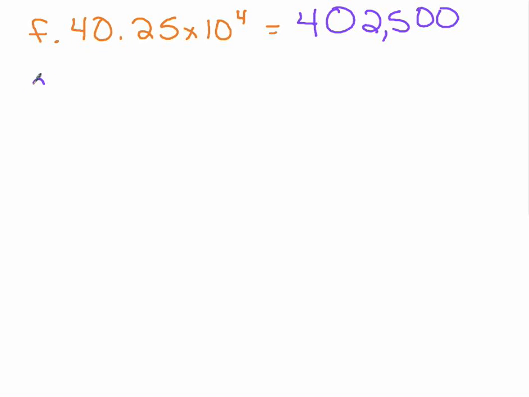G, 725 divided by 10 to the 3rd. There we go. Okay, everybody, where's the decimal? Everybody. Oh my goodness, that was not in unison.